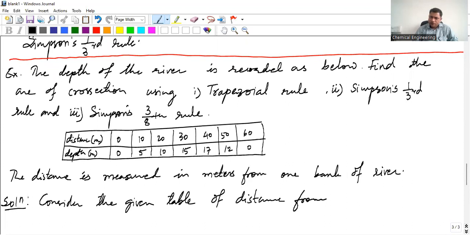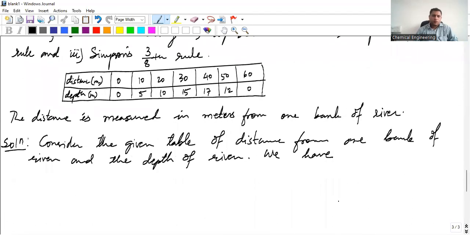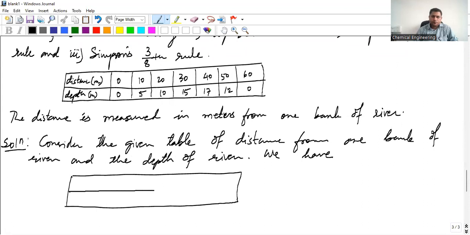Distance from one bank of the river and the depth of the river. Distance: 0, 10, 20, 30, 40, 50, 60.